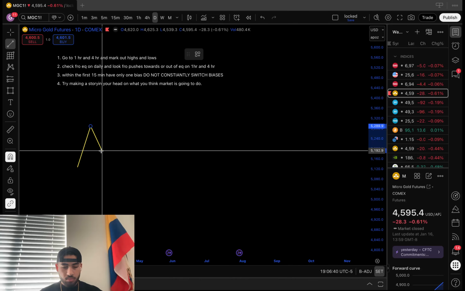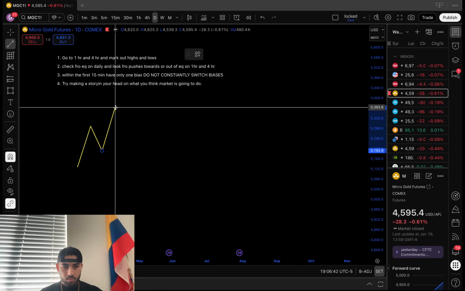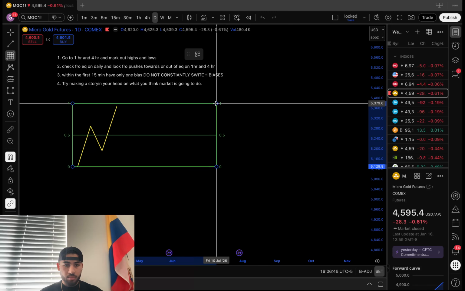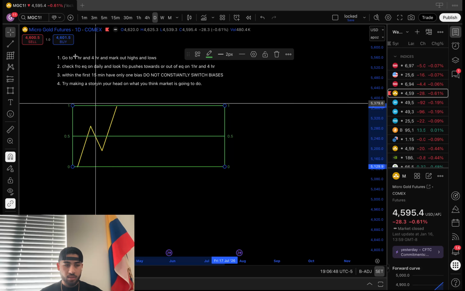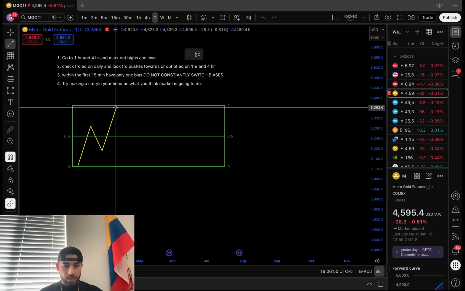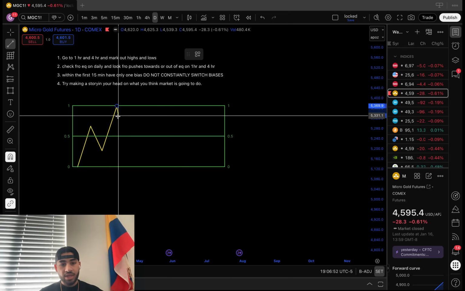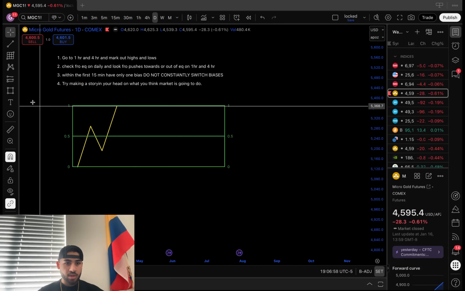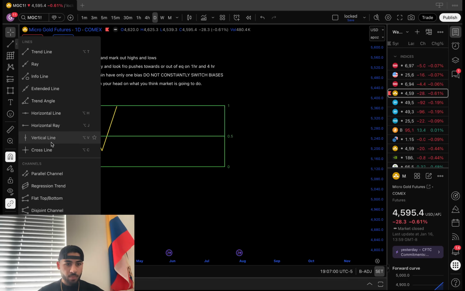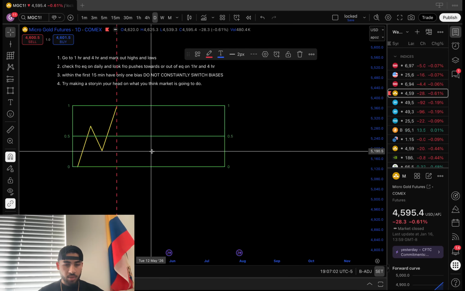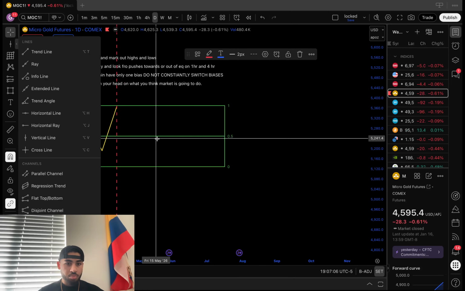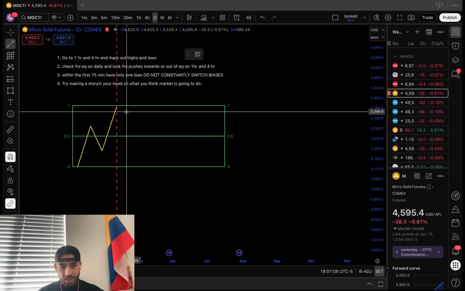Boom, boom, boom. Let's say this is the daily time frame. EQ right here, we make a down candle right here. And then on the daily, this is how the chart looks before market opens. Let's say this is 9:30. My drawn liquidity would be EQ. So I want to see pushes into EQ.